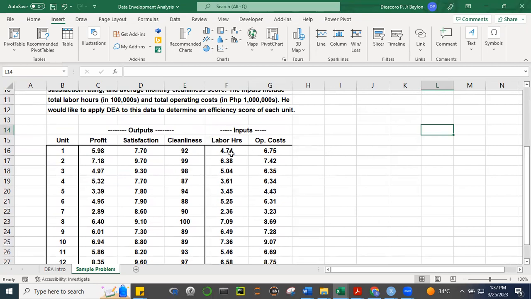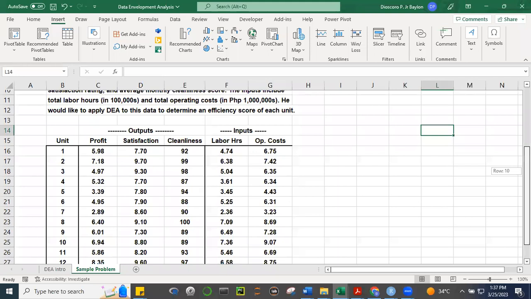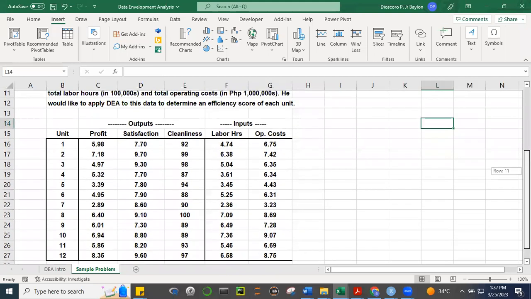So theoretically, the lower the labor hours, assuming that production is not affected, then that's better. Operating costs, the lower the better, assuming that the operations level will not deteriorate by reducing your labor hours and operating costs.